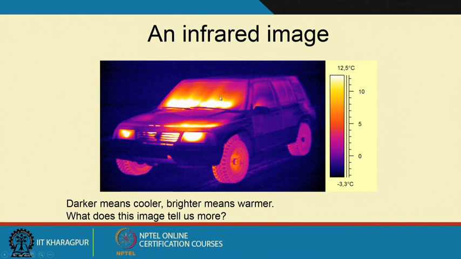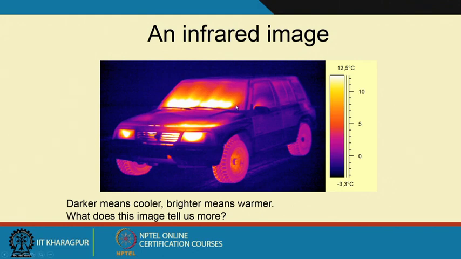Infrared image, okay, you can find out where there is a cold air conditioning, there is a hot air coming out. Okay. Darker means cooler. So, this image says is the headlights, engine is radiating heat, the heater in the vehicle is running, so that you can see a lot of hot areas. So, these are all very easy areas to find out.